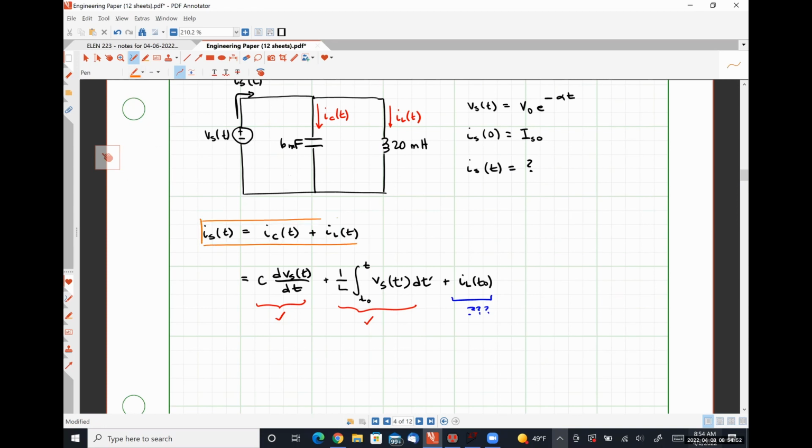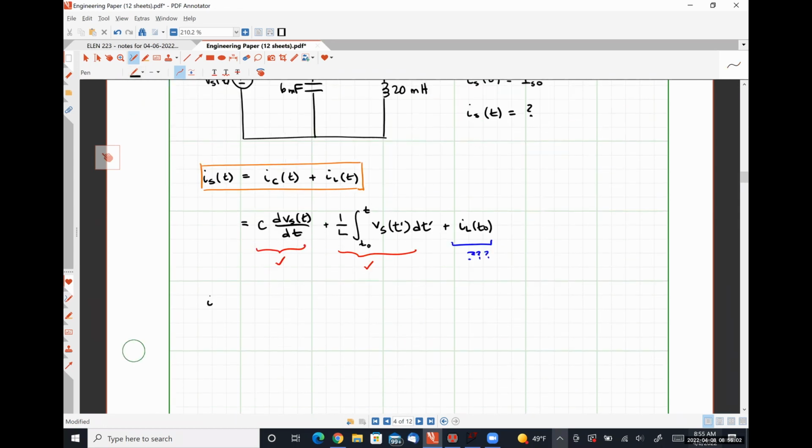So we've got this relationship here. By applying Kirchhoff's current law in general, I would argue that IS at 0 has to be equal to IC at 0 plus IL at 0, meaning Kirchhoff's current law has to be valid at all points in time, which must be true because Kirchhoff's current law represents the law of conservation of charge for circuits, right?